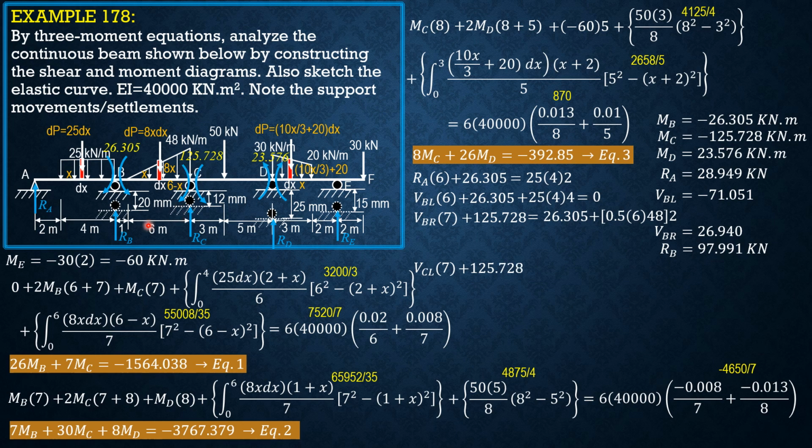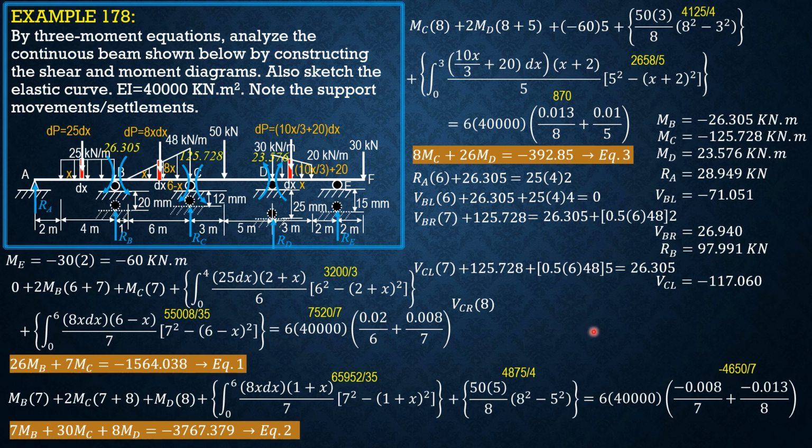So shear at C just to the left times 7 plus 125.728, then plus the moment of the load, it's downward, 0.5 of 6 times 48, the moment arm is 5, 2/3 of 6, 4, then plus 1, then equals 26.305.